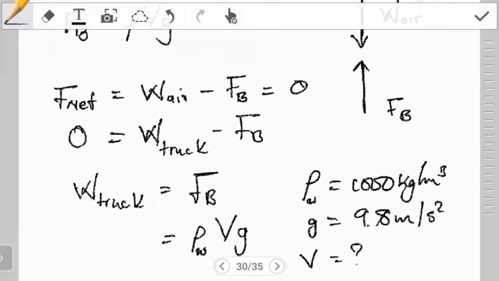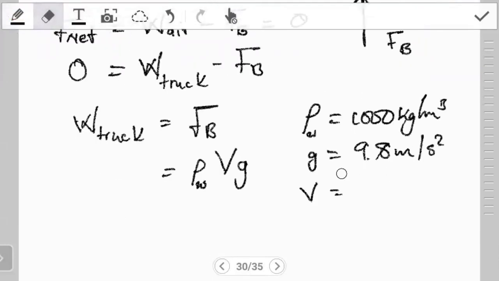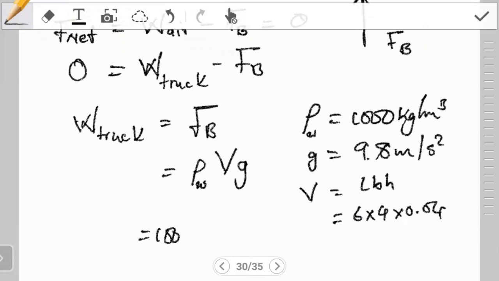So the volume can then be obtained by getting this product, that is a 6, a 4, and a 0.04. So if we make our substitution here, we have the density of water, the volume, which is 6 by 4 by 0.04, then by 9.8.